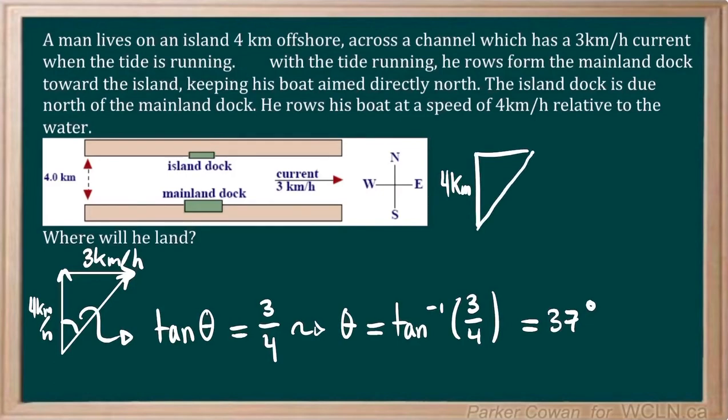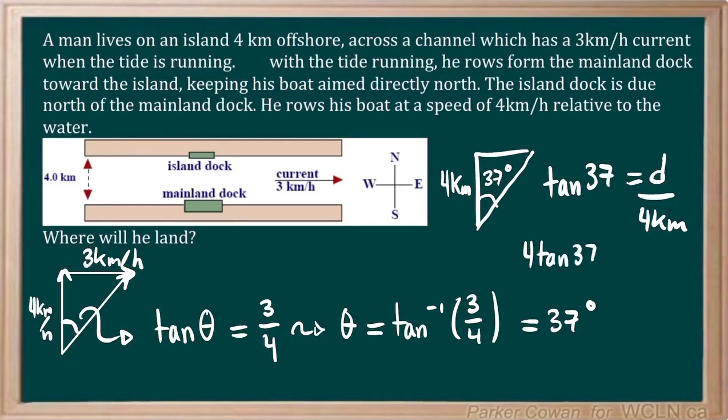Well, if we know this angle is going to be 37 degrees, then all we really need to do is say tan 37 is equal to opposite over adjacent, which in this case opposite is the distance and adjacent is the 4 kilometers. Then we multiply the 4 up, so 4 times tan 37 equals d. And what do we get? Well, we get, of course, that d is equal to 3.